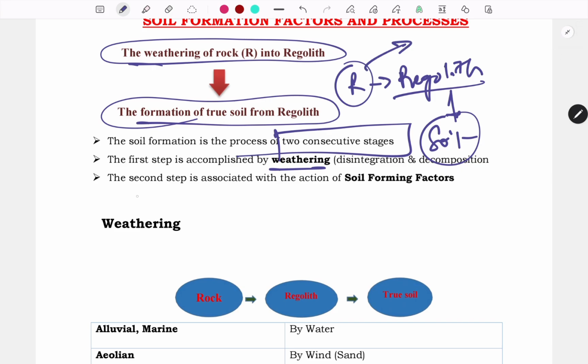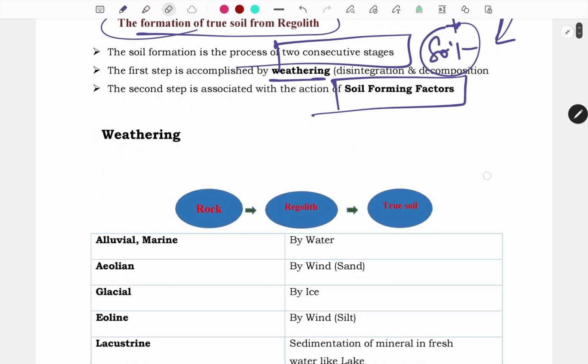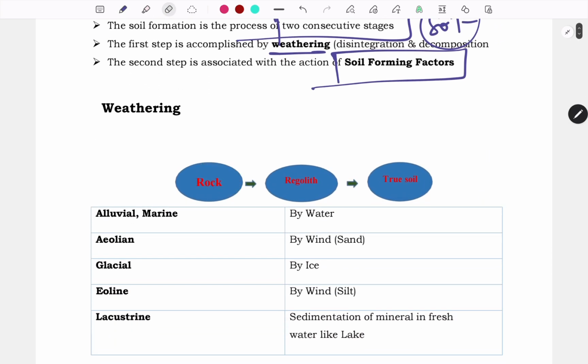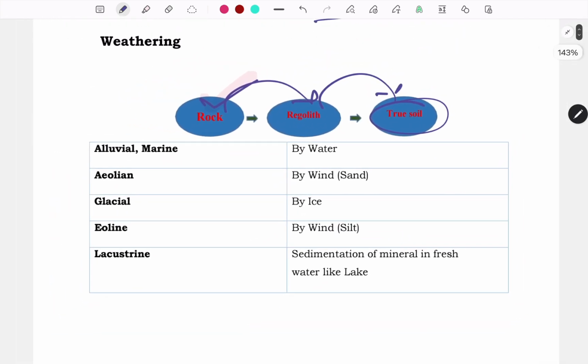The second step is associated with the action of soil forming factors. These factors affect the regolith and then it forms into soil. The rock first forms into a regolith, then forms into a true soil. This is called true soil.